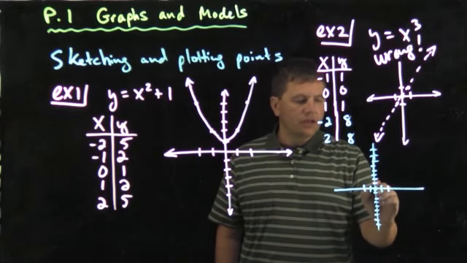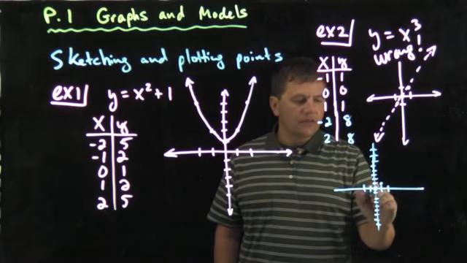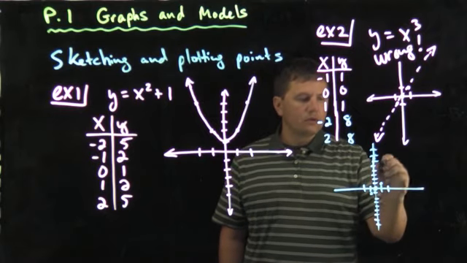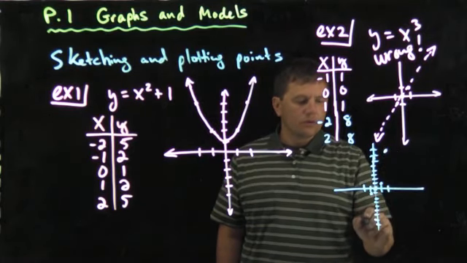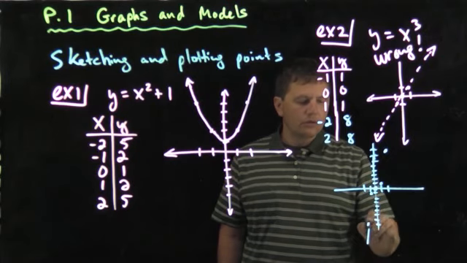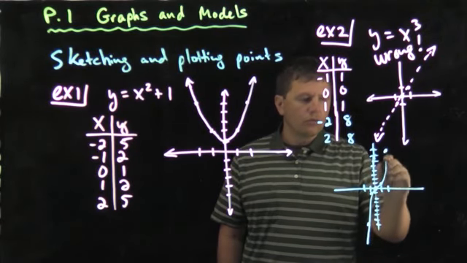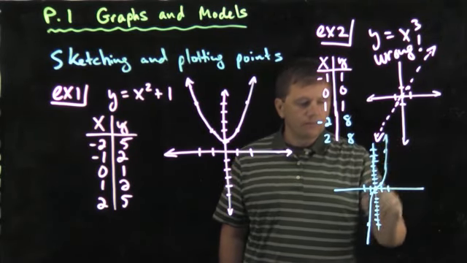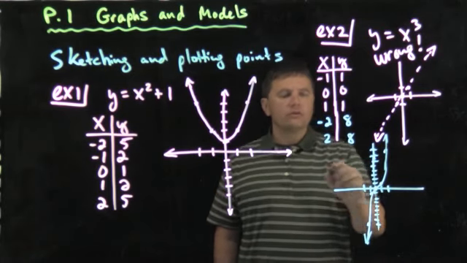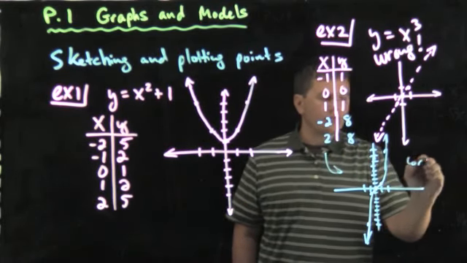Then we get something that clearly is not linear. We get a cubic function, which has a bit of a curve like this. Okay, so this would be the correct representation of this.